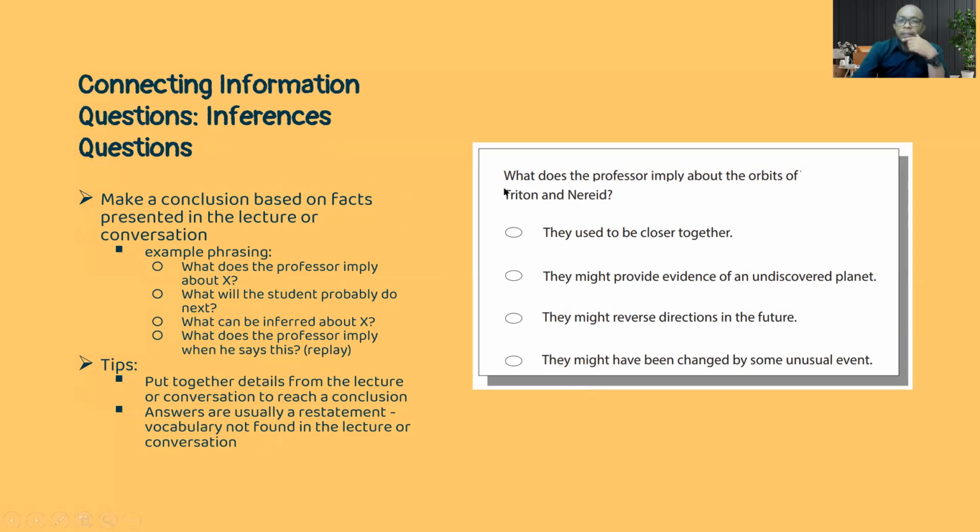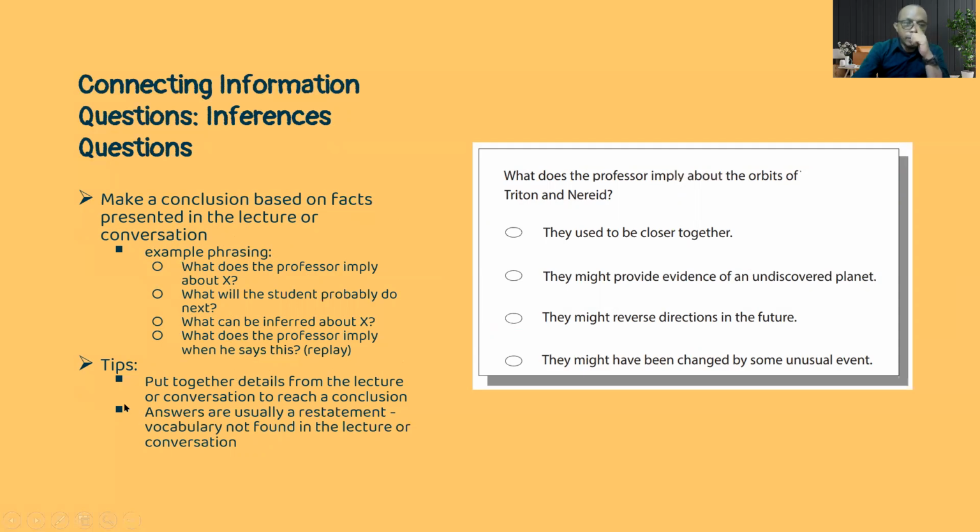So here's an example. What does the professor imply about the orbits of Triton and Nereid? So you need to make a conclusion based on the facts or information that you hear in the lecture or conversation. Okay, so here are the example ways they word the question.